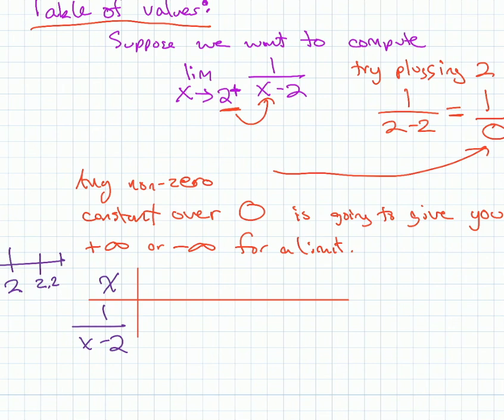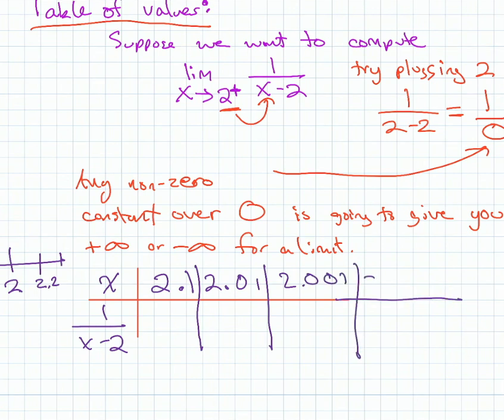If you want to approach 2, you can go 2.1, 2.01, 2.001, 2.0001. Those are getting closer and closer to 2.